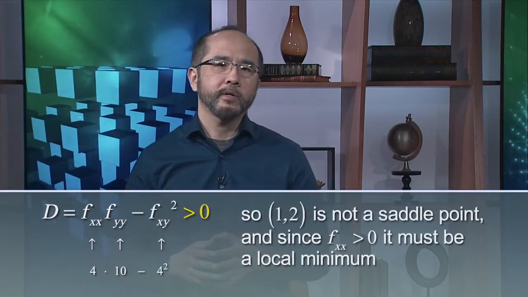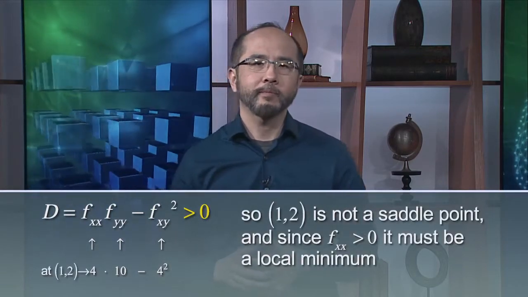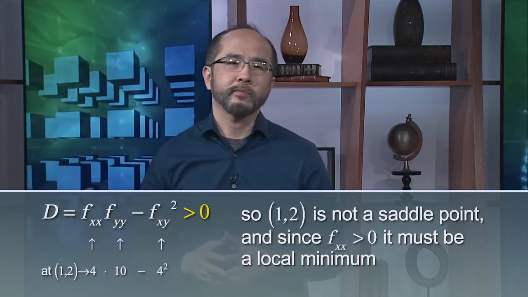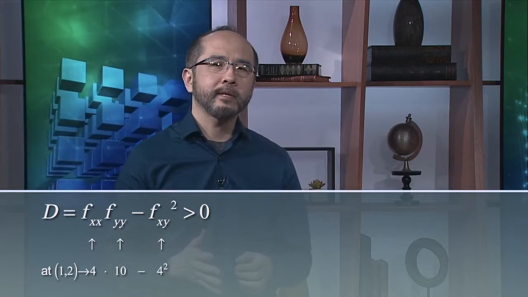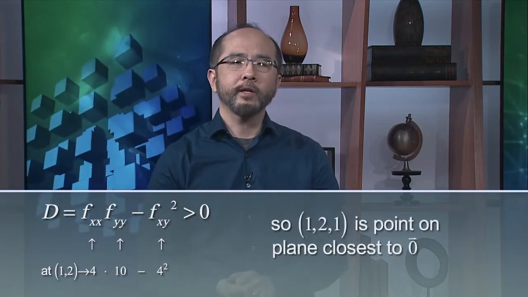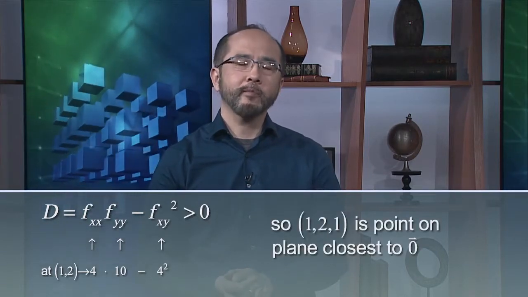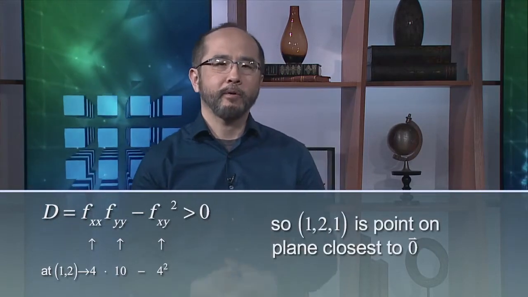So 4 times 10 minus 4 squared is greater than 0. So (1, 2) was a local minimum, as desired. If you think about how a point and a plane sit, you'll realize if you find a local minimum, it must be a global minimum as well. So (1, 2, 1) is the point on the plane closest to 0.